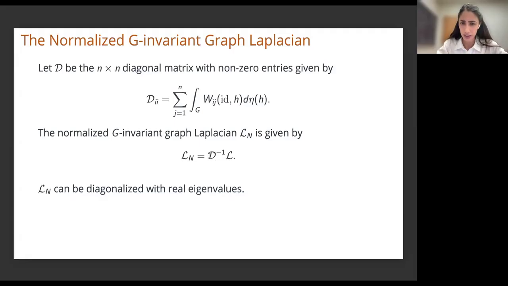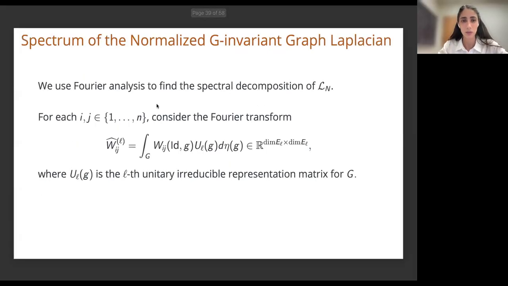Note that in this case, D is a matrix because we are integrating here over G, so now it only depends on the data points. And we can prove that this normalized G-invariant graph Laplacian can be diagonalized with real eigenvalues. And these eigenvalues are very interesting. So the idea is to use Fourier analysis to find the spectral decomposition of the normalized graph Laplacian.